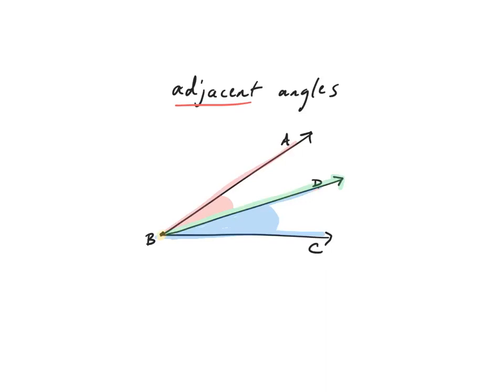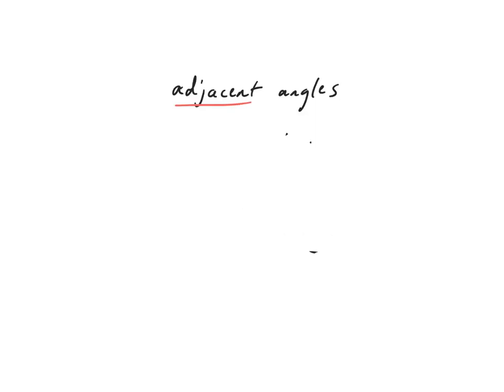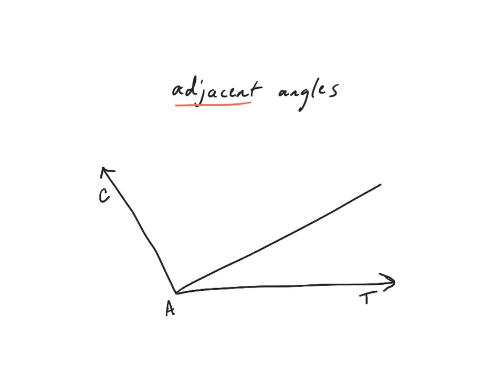So let's look at another example. Let me erase this first. And this time we're going to look at an obtuse angle. And I think I will call this CAT, and my other angle I'm going to put a point B on it. So I have just formed two angles that share a common side.